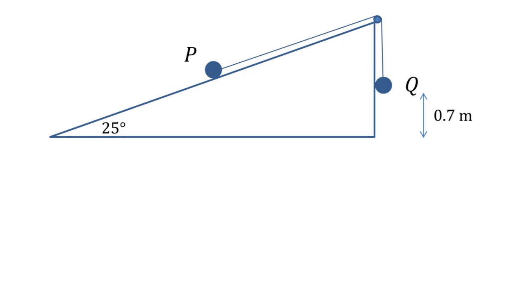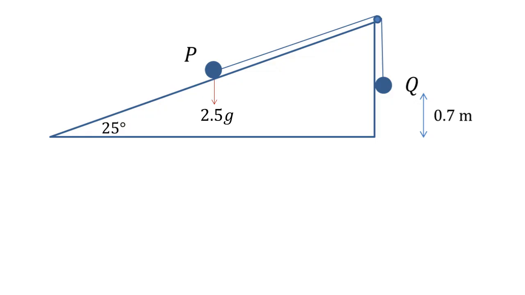The first thing we're going to do is to label our diagram with the forces that we're going to need to solve this problem. Let's start with particle P. Its mass is 2.5 kilograms, so it's going to have a force due to gravity of 2.5G. Now for G in this question, we're going to use 9.8.